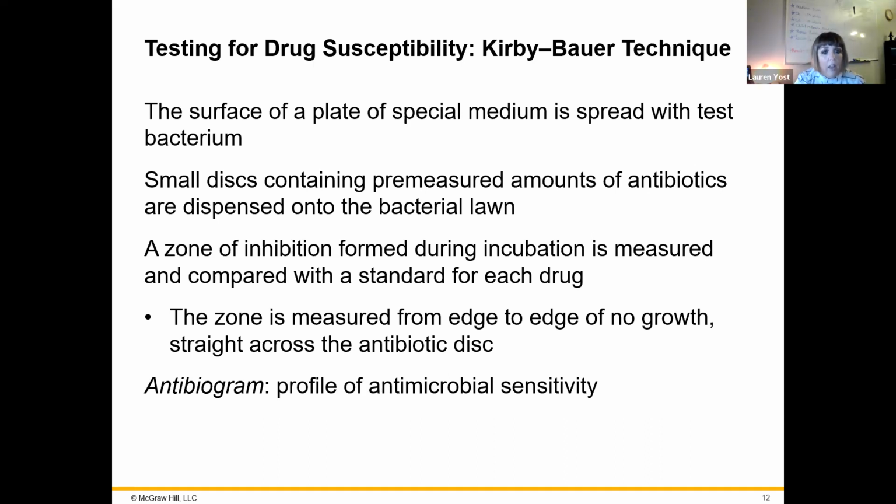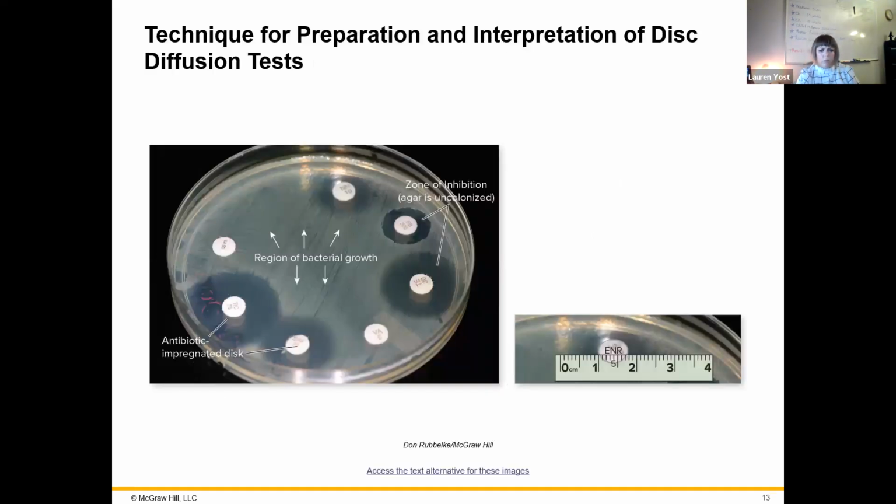The useful way of determining the antimicrobial sensitivity of that organism to that antibiotic is called an antibiogram. Antibiogram: determining this answer for a lot of different antibiotics for your organism of interest, your patient's sample, right?